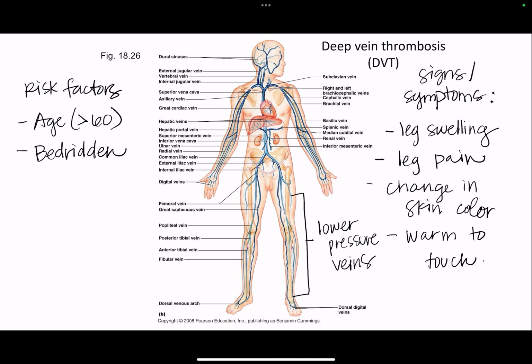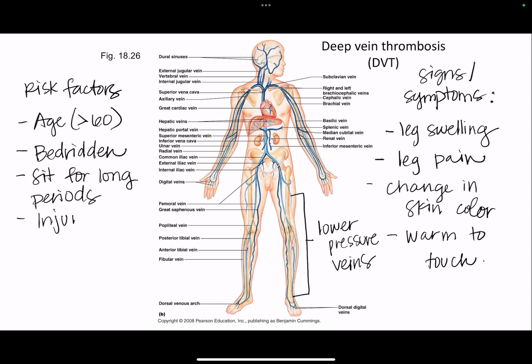Which is why when people are bedridden, they may put blood pressure cuffs on their legs or ankles to get blood flow going, or they may be massaged on their legs as well, so that they're not forming clots and that blood isn't staying stagnant. Also, if you sit for long periods, that's why on an international flight or a really long flight, they suggest you get up and walk around periodically so that your blood doesn't pool in your legs and gets circulating.